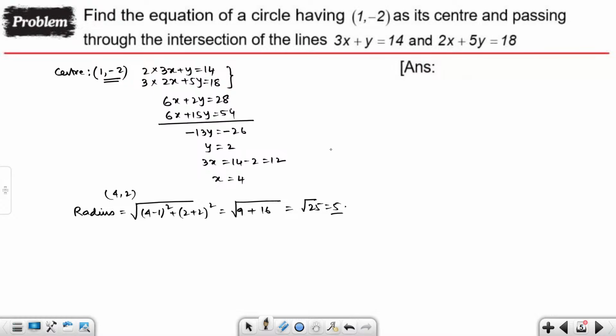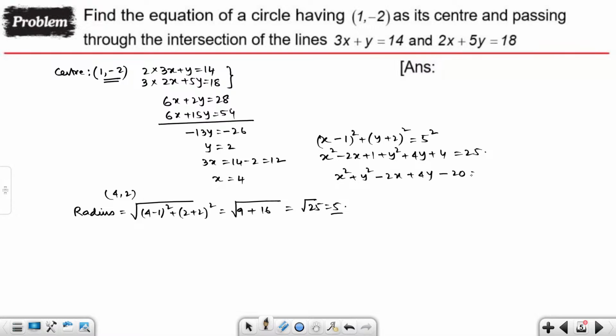So naturally, we will find out the equation of the circle by using our center radius form, x minus 1 whole square plus y plus 2 whole square equals to the radius square, which is your 5 square, which is 25. So if I expand this little bit, we are getting x square plus y square minus 2x plus 4y minus 20 equals to 0.